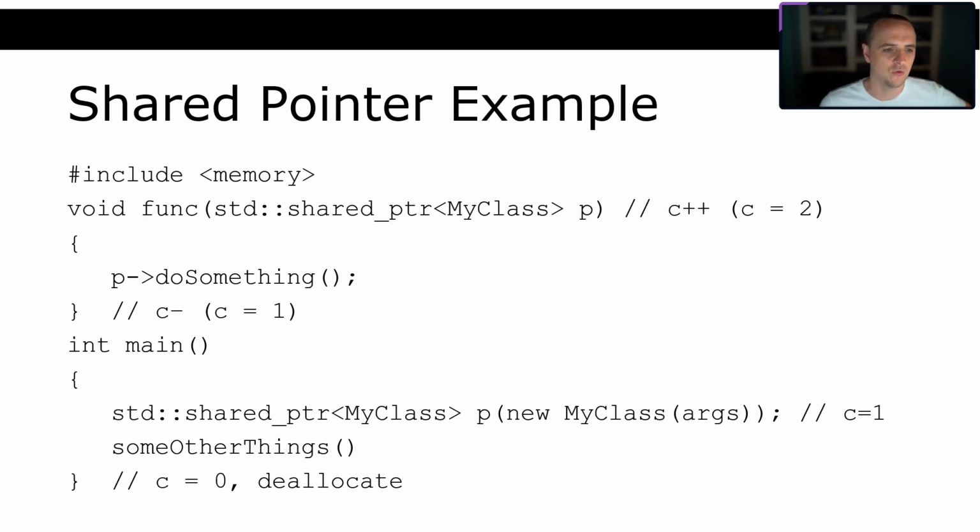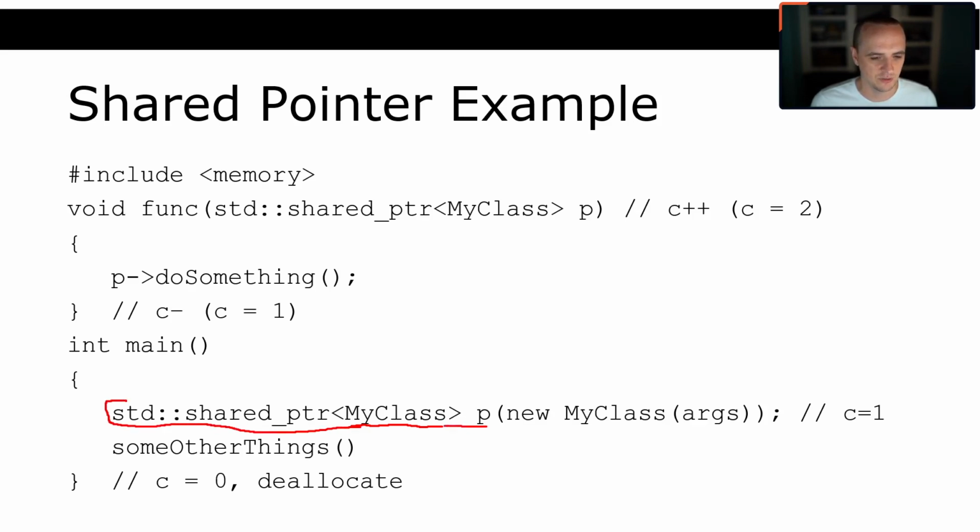So here's how we would use that shared pointer. Let's say we want to pass around a pointer to my class object. Instead of saying my class star p equals new my class, we can say I'm going to create a shared pointer to my class.